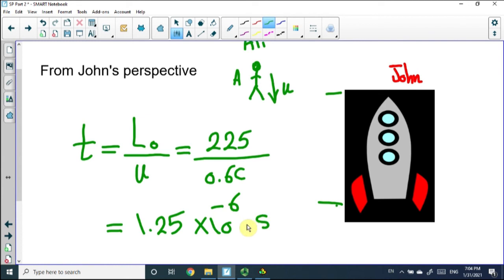So now we can see that John is measuring a little bit bigger time than Ali. Ali is measuring proper time. John is not measuring proper time. Now we can relate the two measurements using a simple relation, which is the time dilation equation.